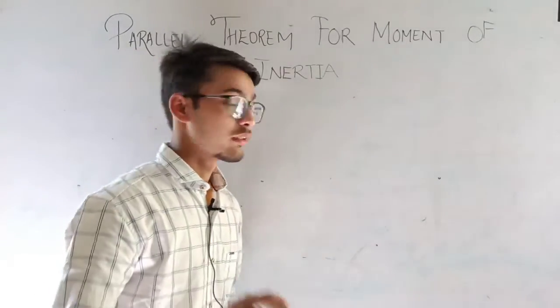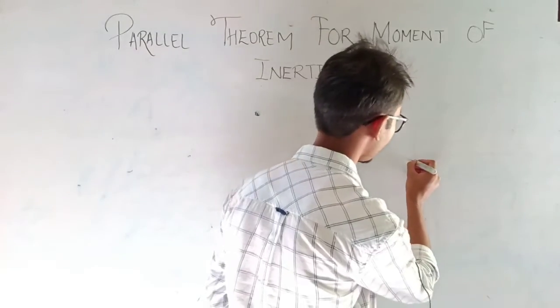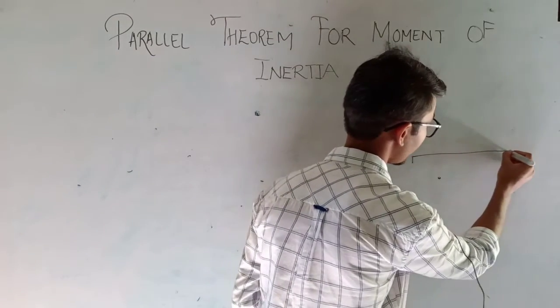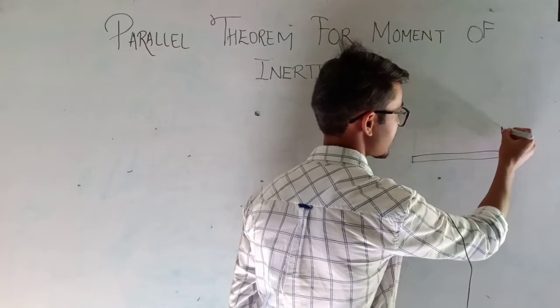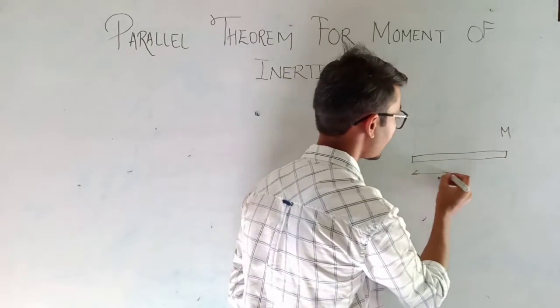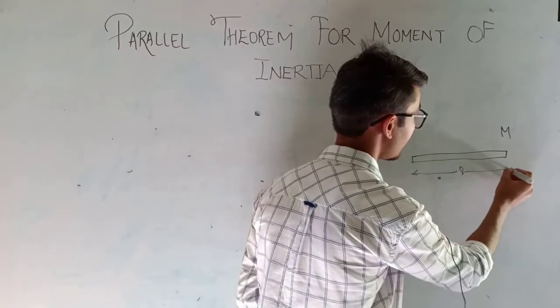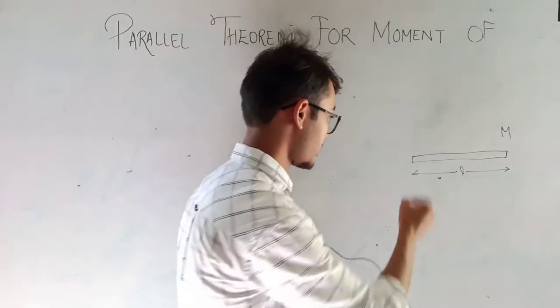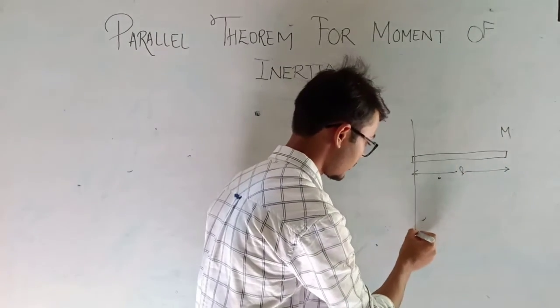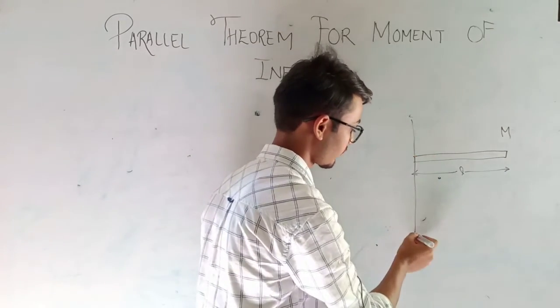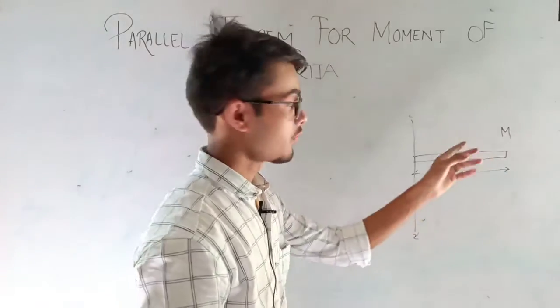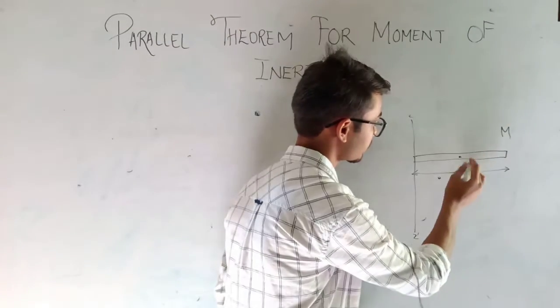Now again, let us take a rod which has mass m and length L, and I want to rotate it about this ZZ axis. And where is the center of mass? Here.